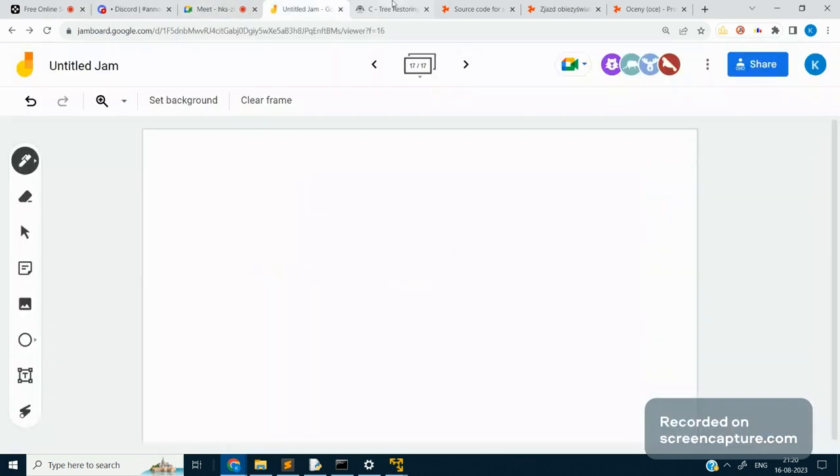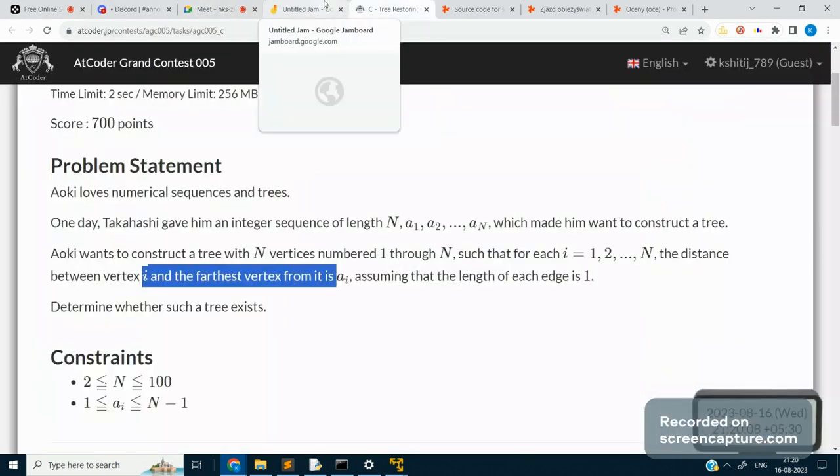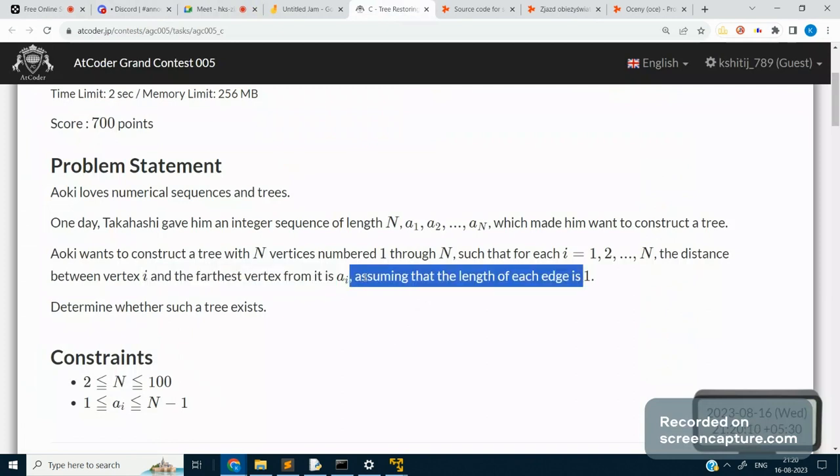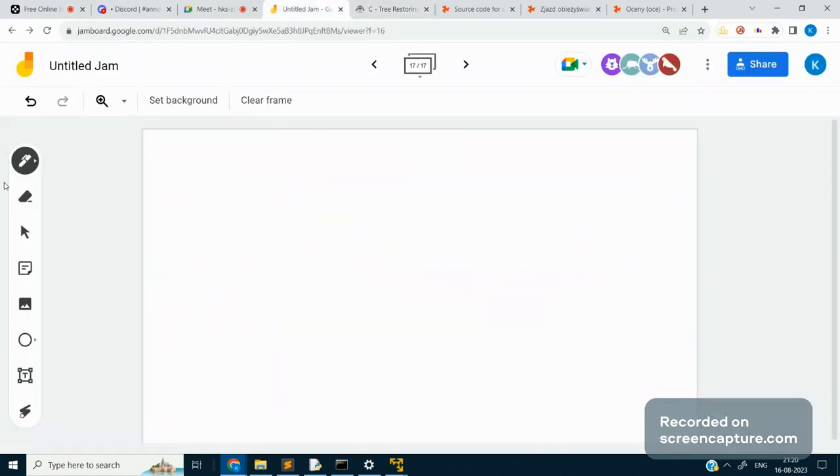Okay. So now notice that you can get the length of the diameter of the tree. Suppose such a tree exists, then the length of the diameter will be max of a1, a2, and so on till an. Now suppose this is the diameter of a tree.